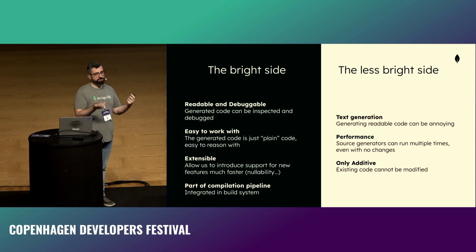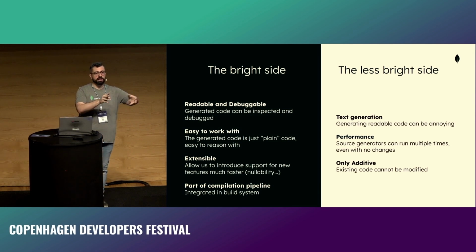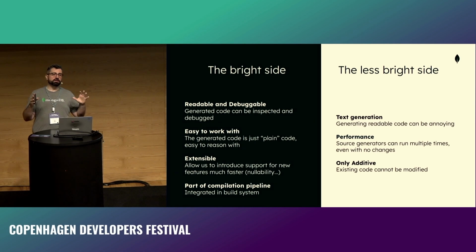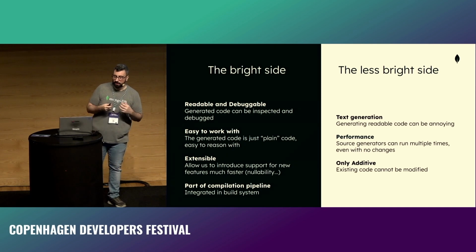It's also much nicer to work with source generators, because apart from the Roslyn API and how to analyze the user code, which is maybe annoying, you're just generating C# code, so it's much easier to reason about. And it's also much more extensible.